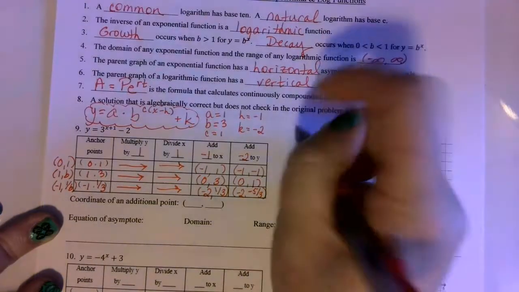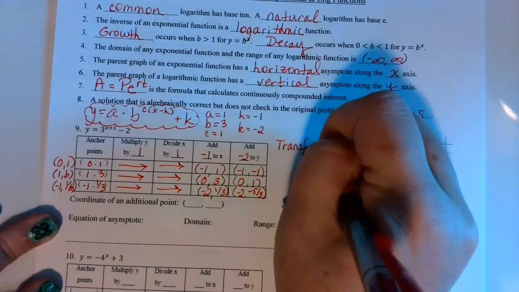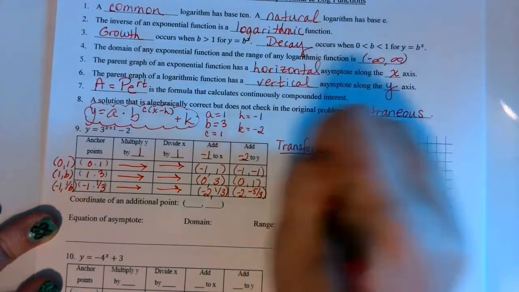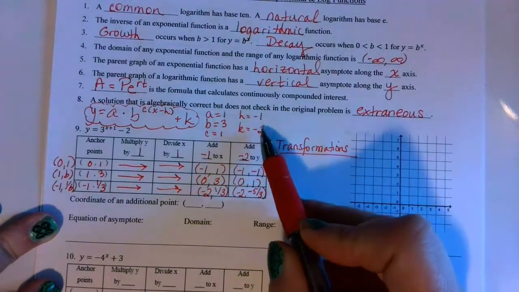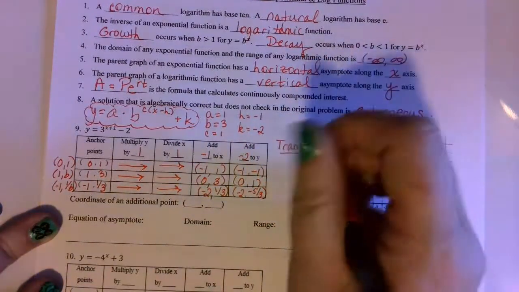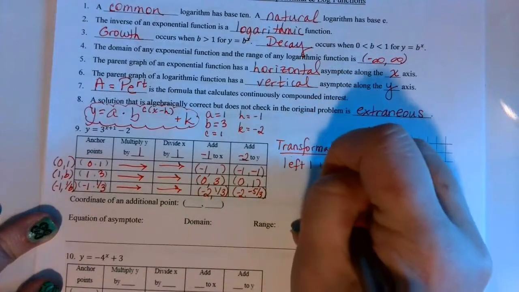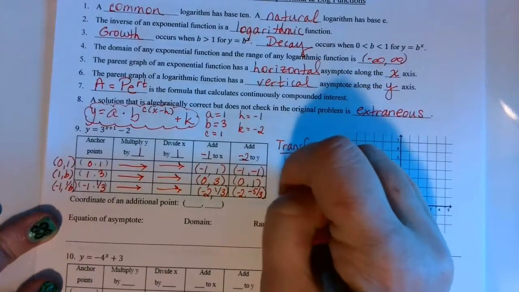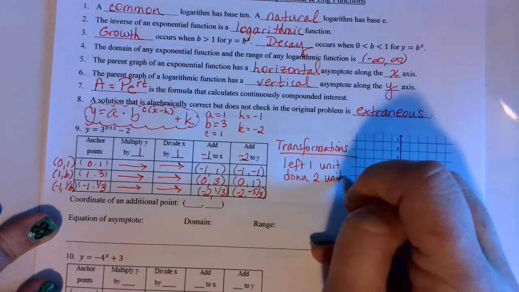Okay, so our transformations, if we were asked to describe them for this equation, we went left 1 and down 2. So translated left 1 unit and down 2 units.